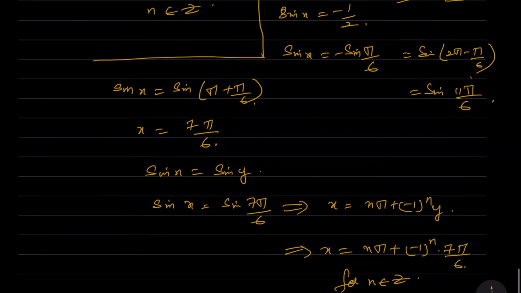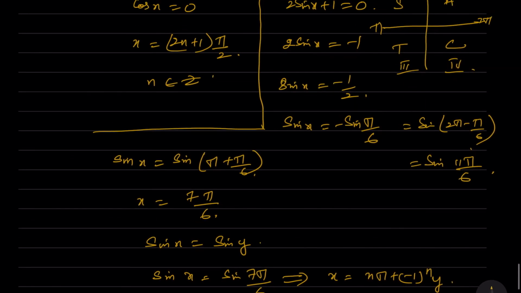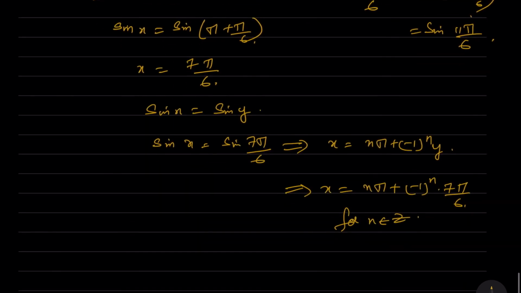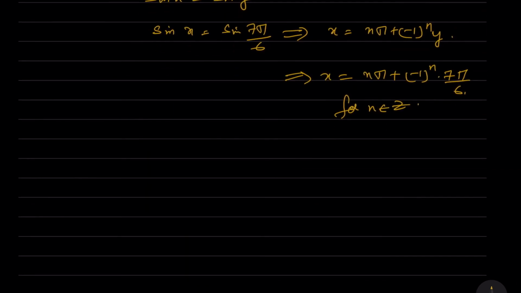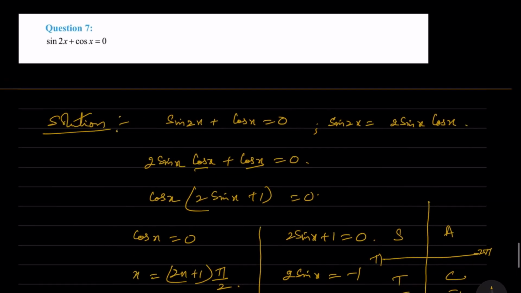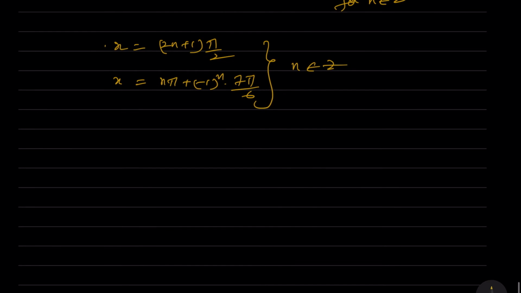The first one is (2n plus 1) into pi by 2, and this is the second. So the solution is x is equal to (2n plus 1) into pi by 2, and x is equal to n pi plus (minus 1) to the power of n into 7 pi by 6 for n belongs to Z. This is the answer for this problem.